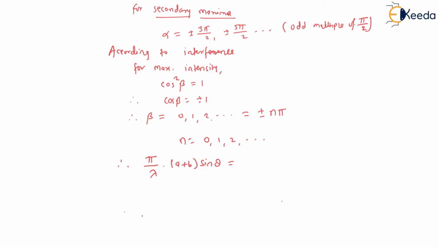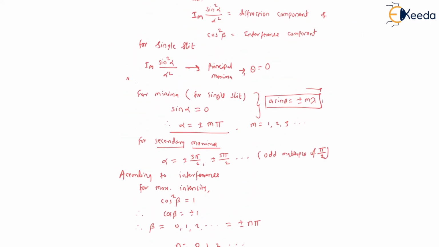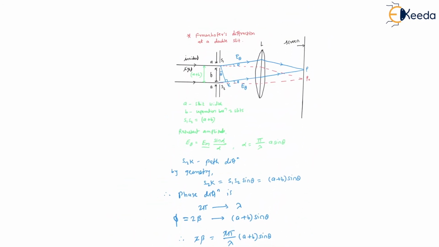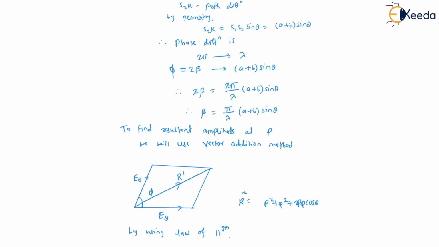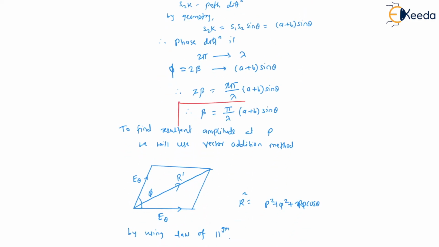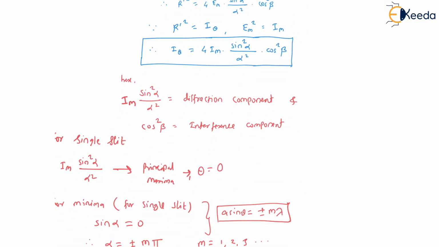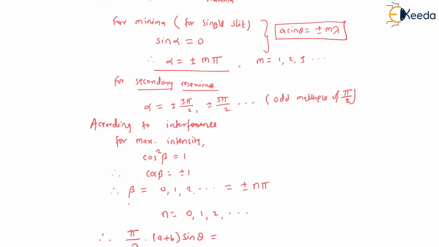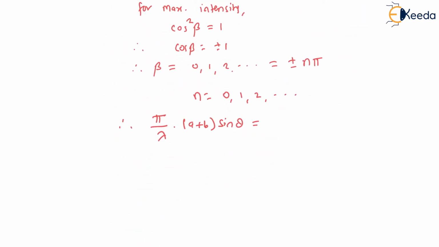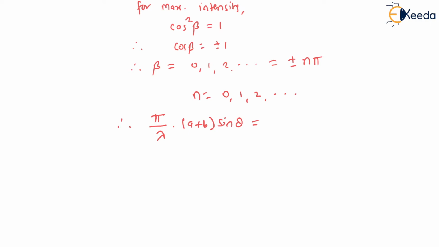You remember we have already marked this equation over here: beta is equal to pi by lambda into a plus b sine theta. So to find the path difference, we substitute the value of beta. Since cos beta equal to plus minus 1, beta is plus minus n pi.